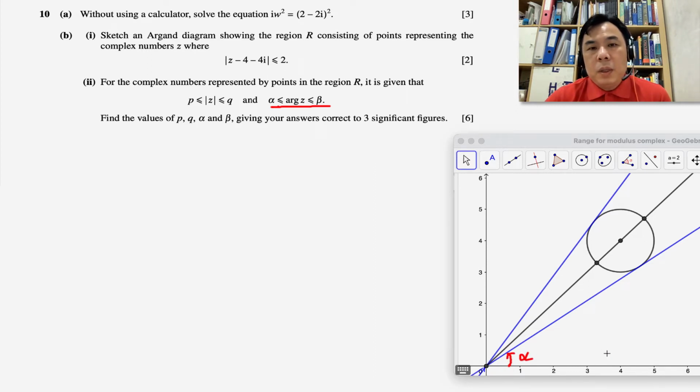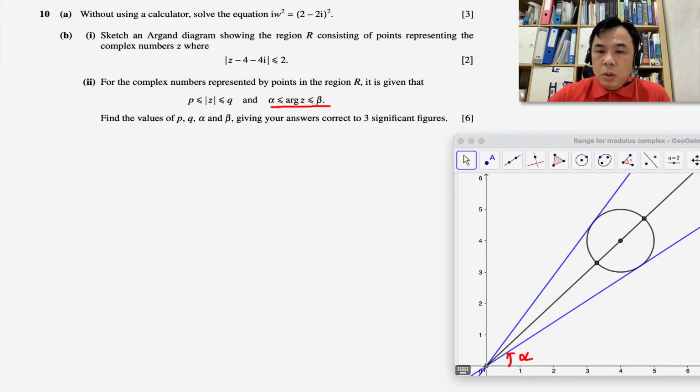Now that will be the argument of the complex number z, considered as the minimum angle where this line touches the circle here. And then the angle measured counterclockwise from the x-axis is known as the argument here. And that is the minimum angle that we can have that satisfies the region R here.